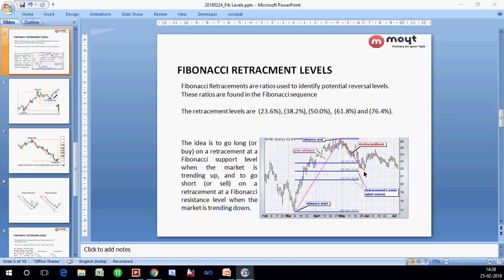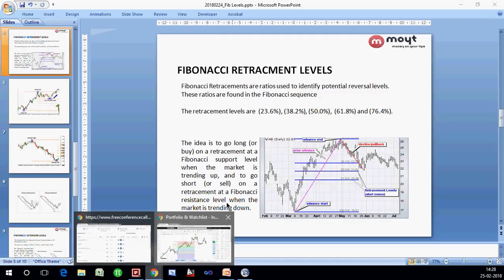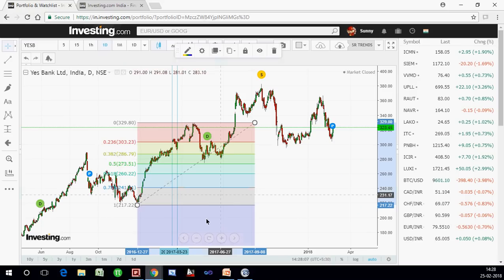If at the 50% level I go long, again a fact I'll give you. At this level, let's suppose I go long and the market starts moving against me. So below what level will I think that I am wrong? My analysis was wrong. Below the 50% retracement, which is the 273 level, minus your ATR. What is ATR? ATR is the average true range.